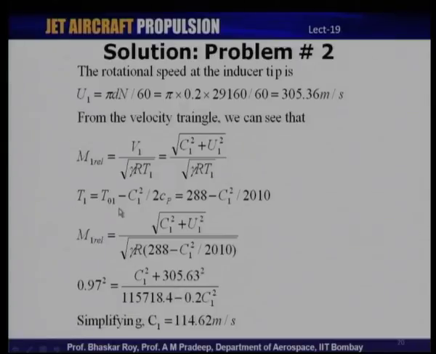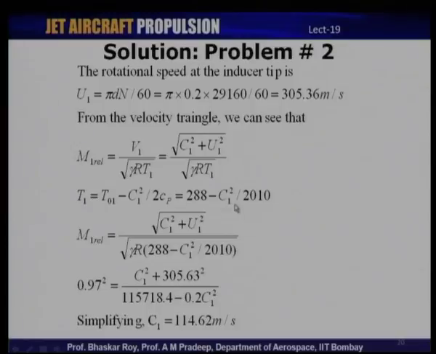Now, at the inlet we have the stagnation temperature, which is given as 288 Kelvin, and so T1 is basically T01 minus C1 square by 2 Cp, where T01 is 288, C1 is not known, and the specific heat at constant pressure is 1005 joules per kilogram Kelvin.